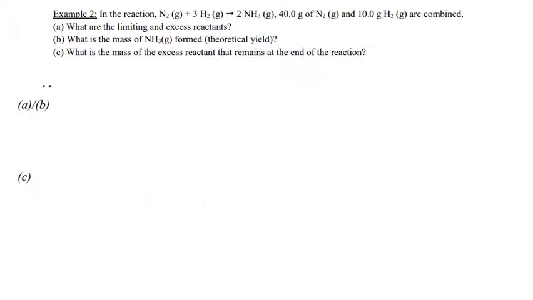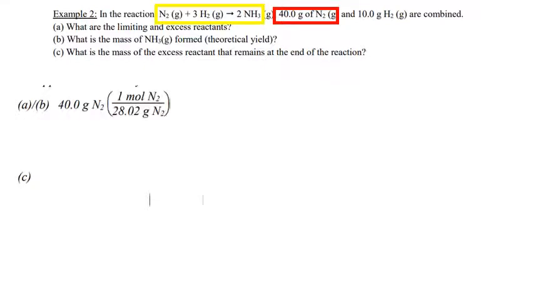So what does that mean? Well, it means that we could set this up and calculate how much of that other one is left. So if we look at the reaction again, a different reaction, and we say we have 40 grams of nitrogen and we have 10 grams of hydrogen. First of all, let's do the 40 grams.